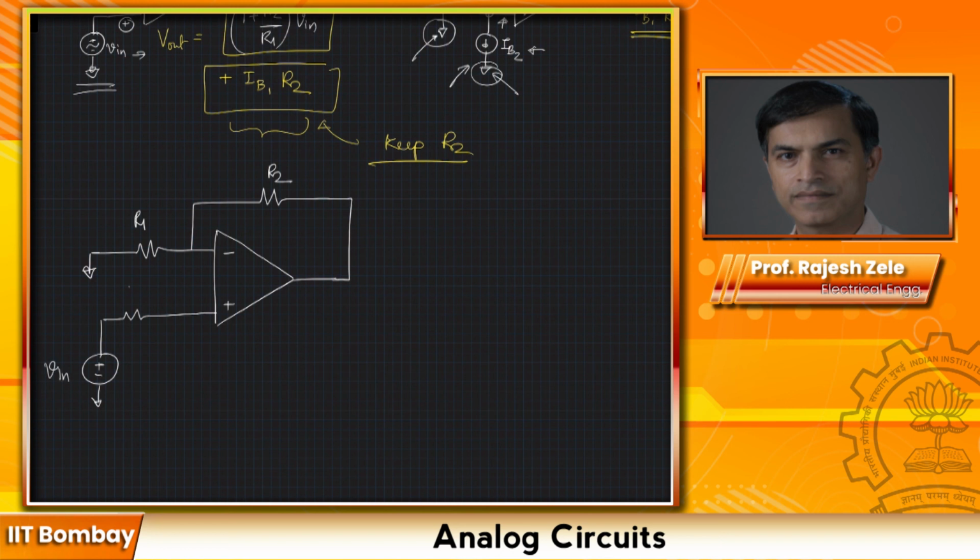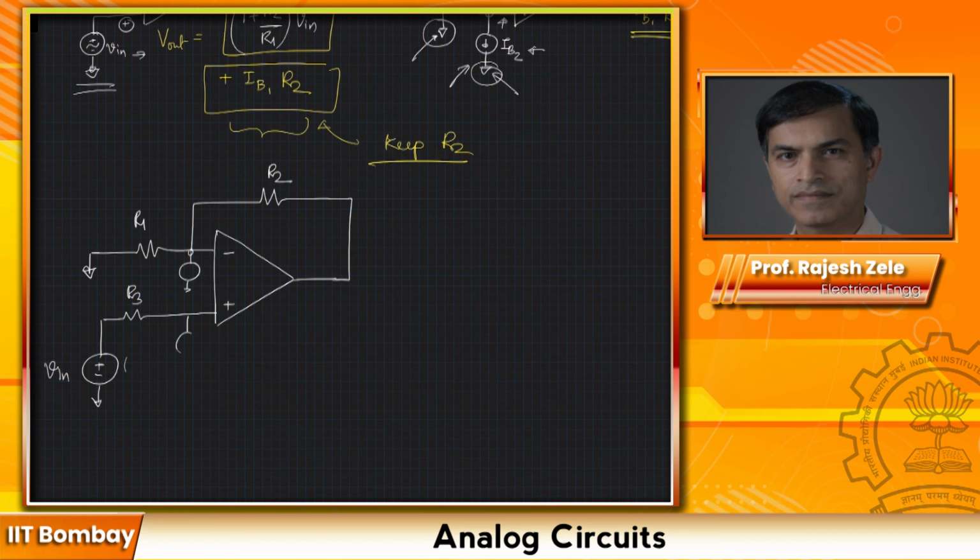And this resistor, let's say, we call it R3. Now, as far as the signal path goes, the AC signal path, this R3 doesn't do anything.